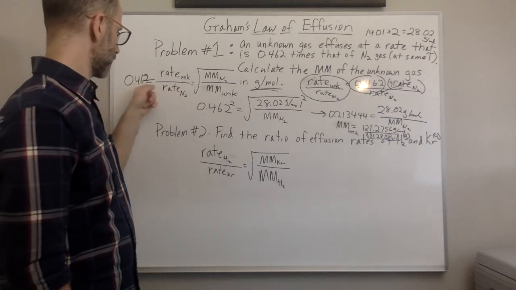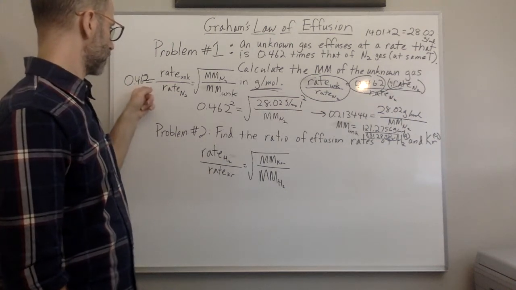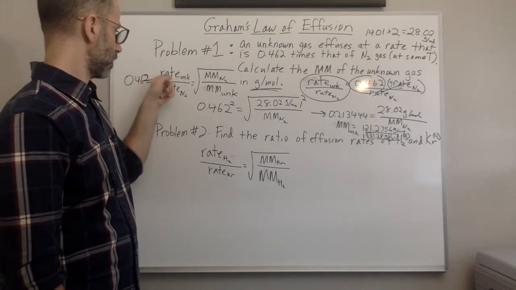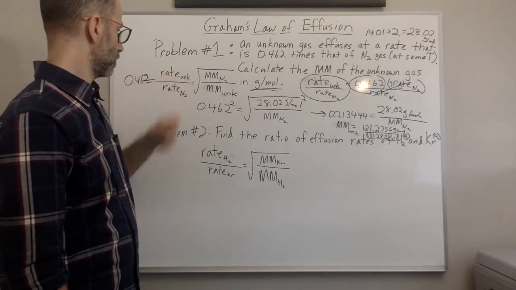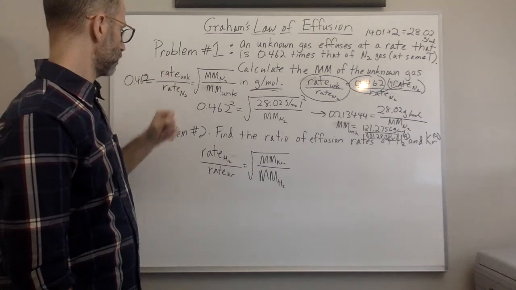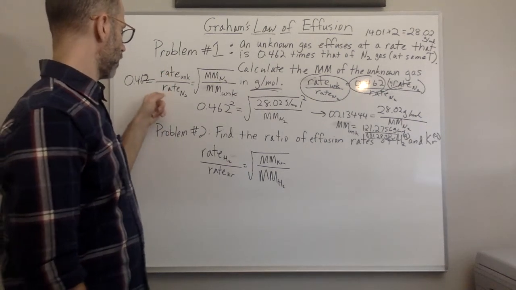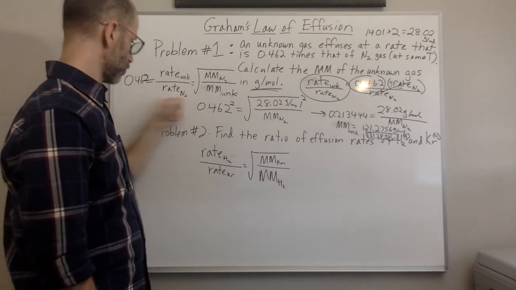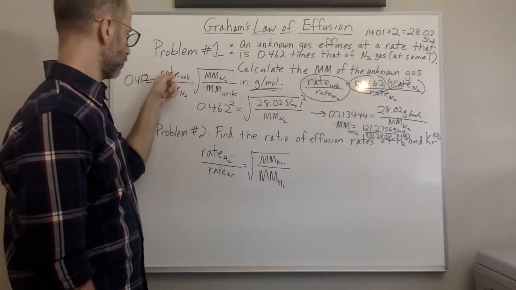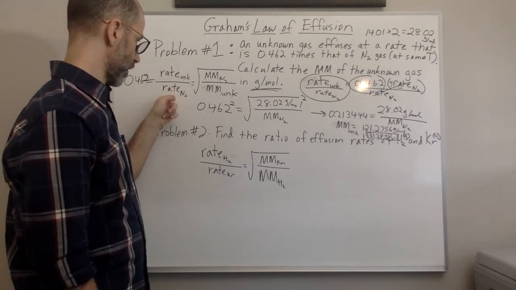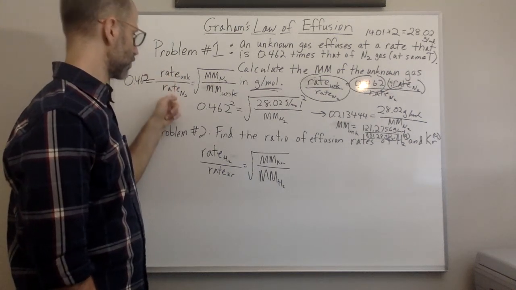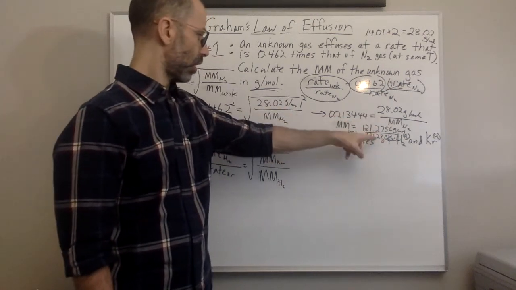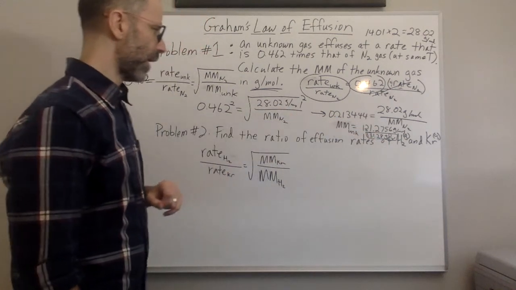Since the rate is less than 1, that means that the denominator is larger than the numerator, right? So that means that the rate of N2 is going to be larger, faster than the rate of the unknown. So you should have gotten a molar mass that's larger because it's smaller. And that's what we got. We got a much larger molar mass.